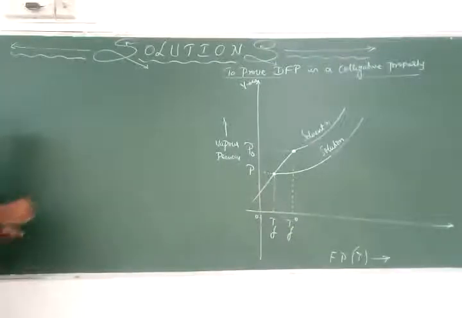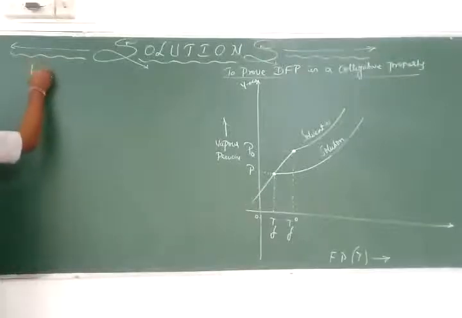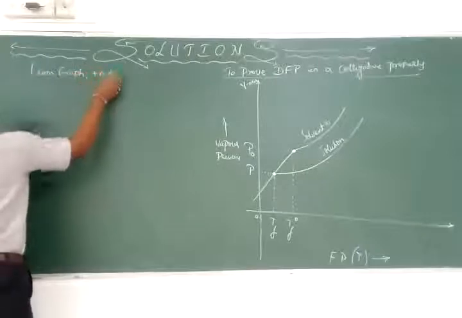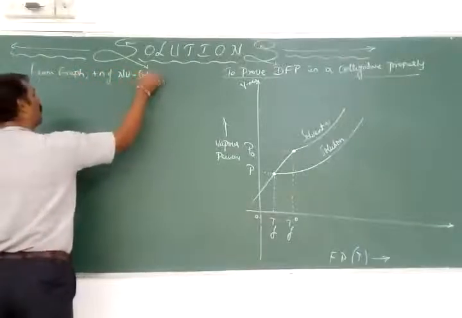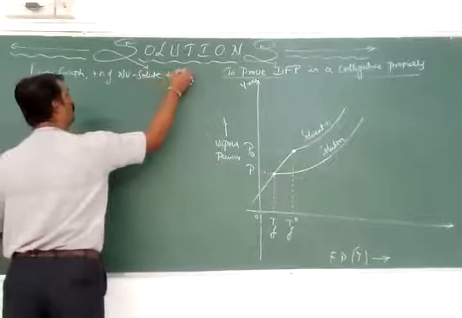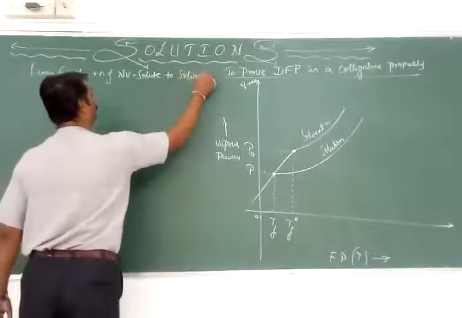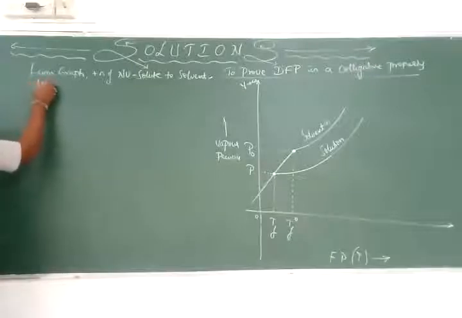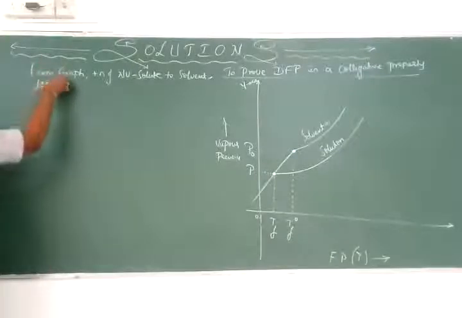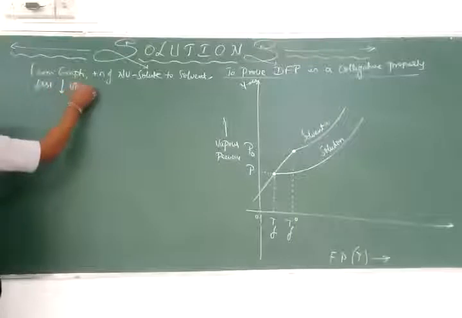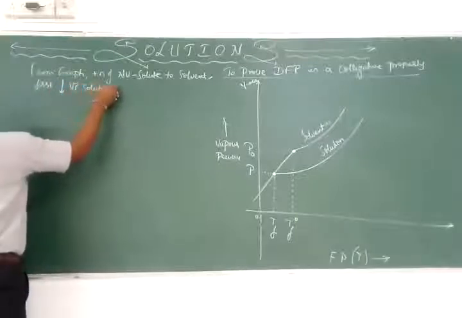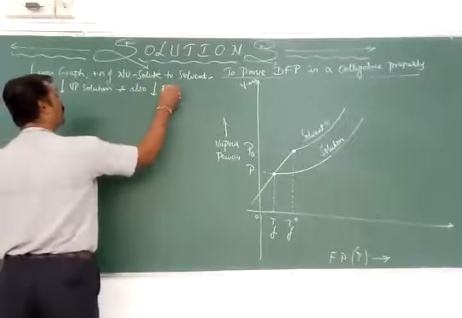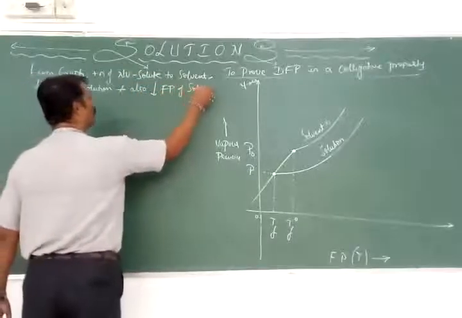From the graph, addition of a non-volatile solute to a pure solvent first decreases the vapor pressure of the solution and also simultaneously decreases the freezing point of the given solution.